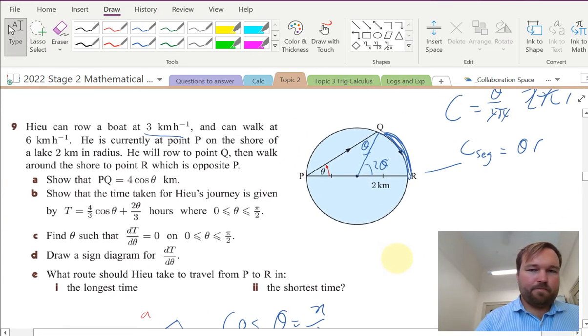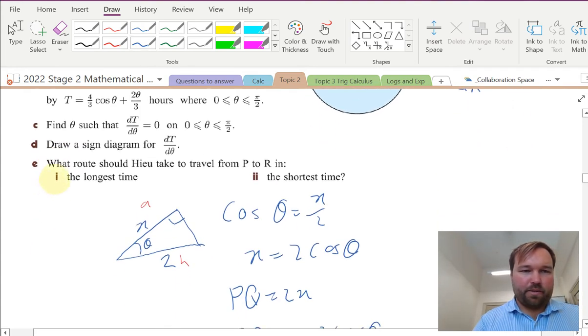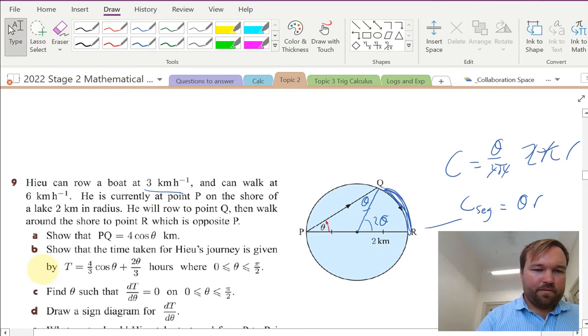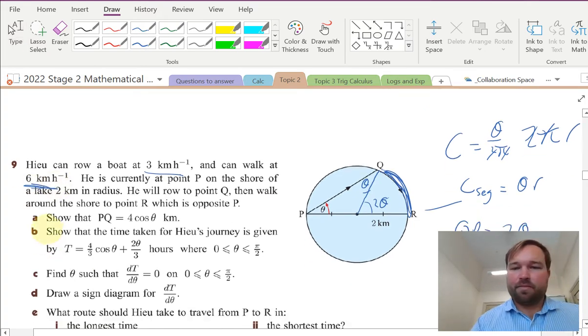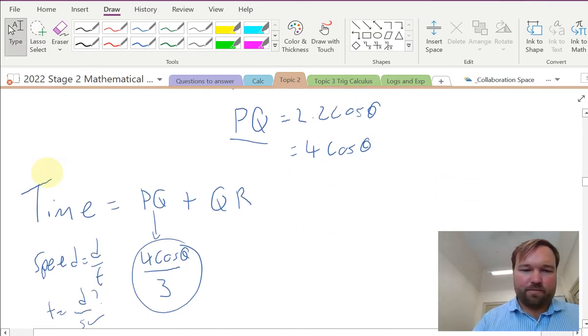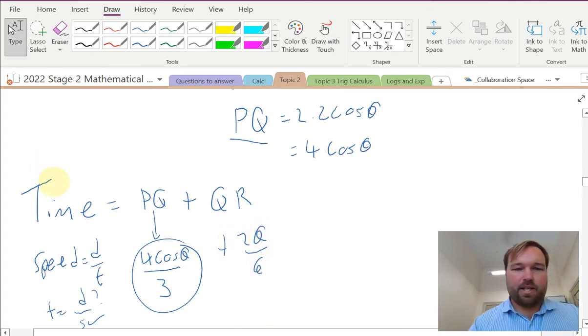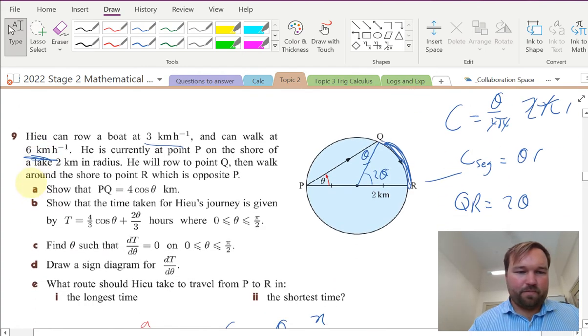And the radius, remember, is 2. So his distance for the QR portion is 2 theta. And he rows at 3 kilometers per hour. No, because now he's walking. He walks at 6. So we're thinking 2 theta on 6, which is going to be the same as theta on 3.